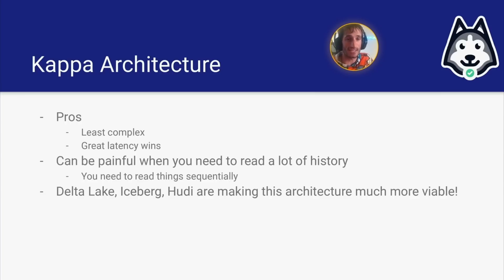One of the things that's nice though, and this is something Netflix is working on, is that Iceberg is actually changing that. It makes it so Flink can dump data to Iceberg, and then in Iceberg you can have a nice partitioned table. So if you need a backfill with Flink, you can backfill days at a time.